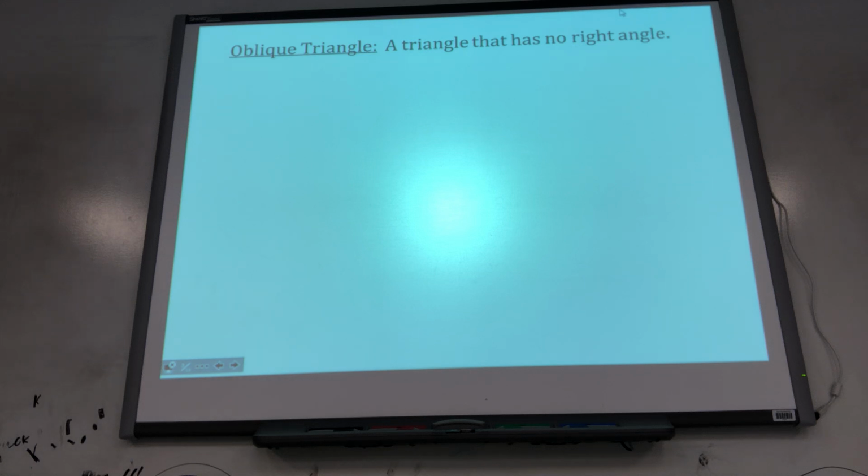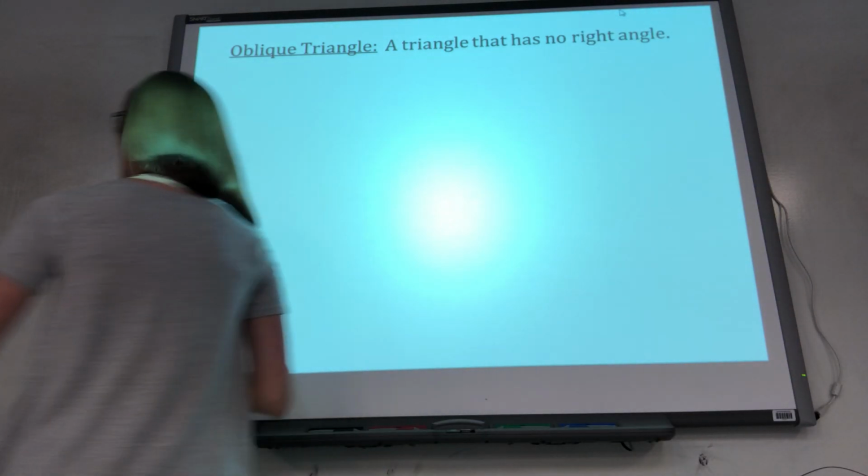Up until now, our triangles have pretty much been all right triangles, but now we have oblique. And this just says that an oblique triangle is a triangle that has no right angle. It's like the opposite of a right triangle. It has no right angle.